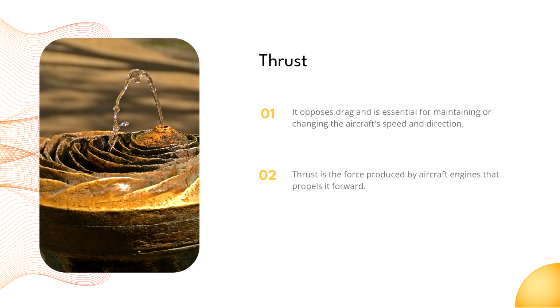So thrust. It opposes drag and is essential for maintaining or changing the aircraft's speed and direction. Thrust is the force produced by aircraft engines that propels it forward. So it counteracts drag, drives the airplane ahead. It is generated by a power plant, such as a propeller or rotor or turbine.